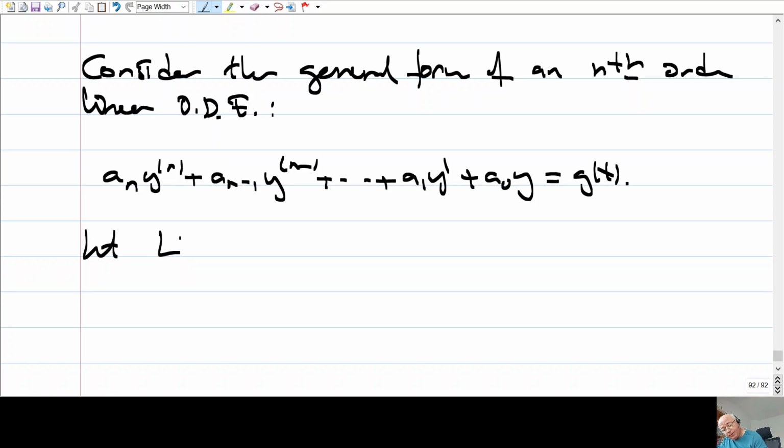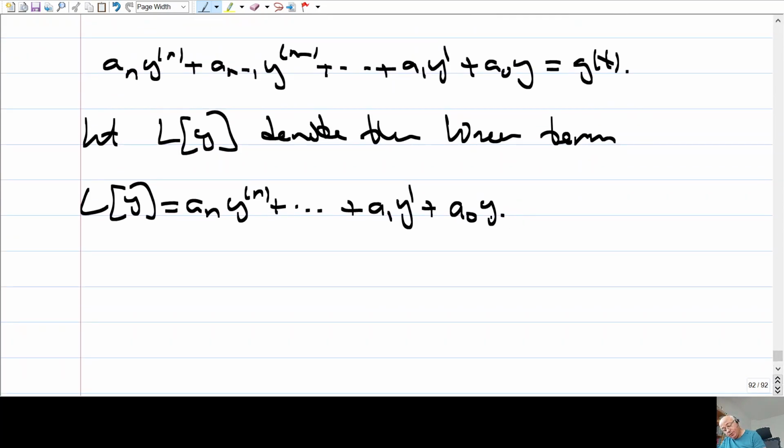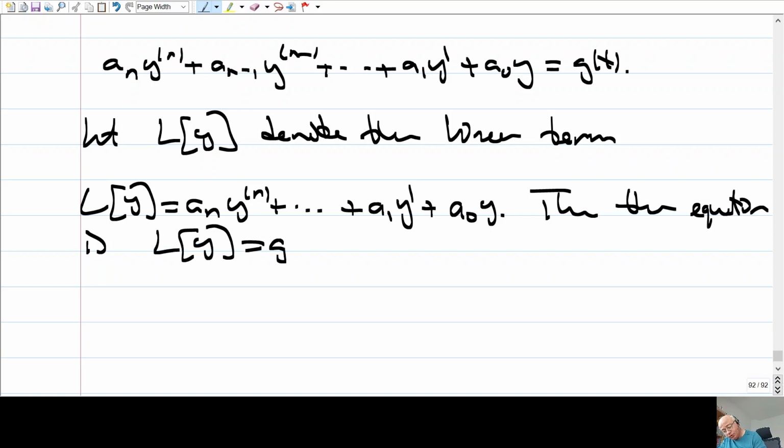Let Ly denote the linear term: an times the nth derivative, up to a1 times the first derivative, plus a0 times y. Then the equation is Ly equals g of t.